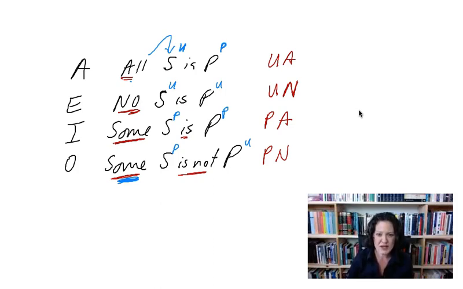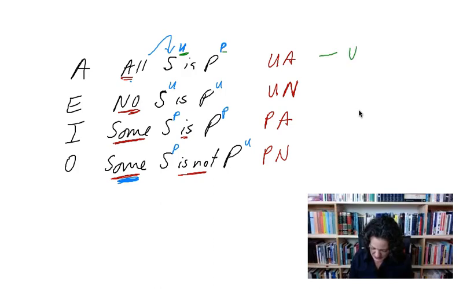For now, I would encourage you to read in the Socratic logic text or in Raymond McCall where they're explaining these values. And I'm also going to give you just a little mnemonic device that I use to help me remember these. I remember that A is UP.